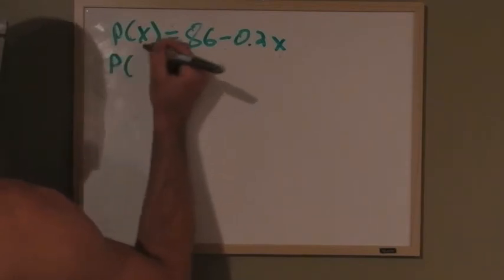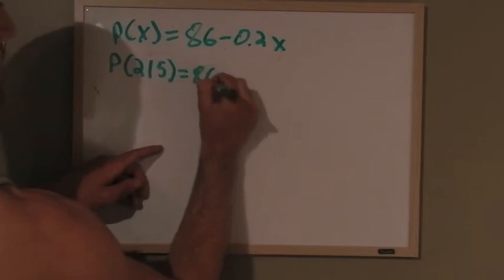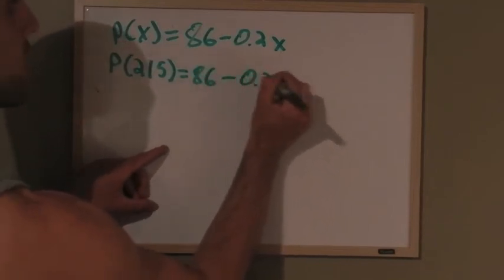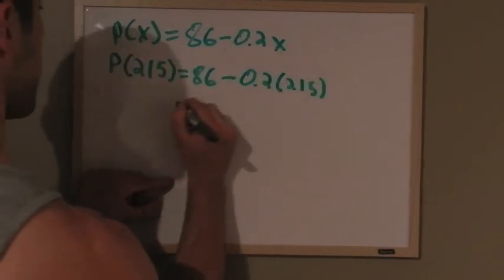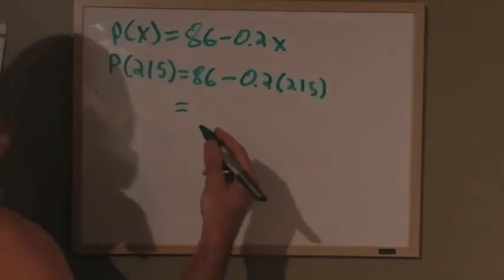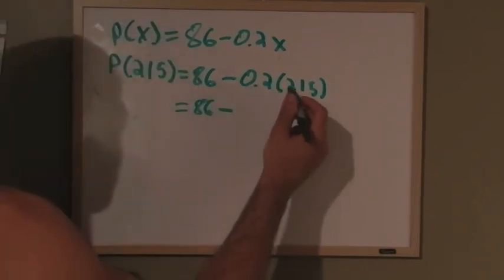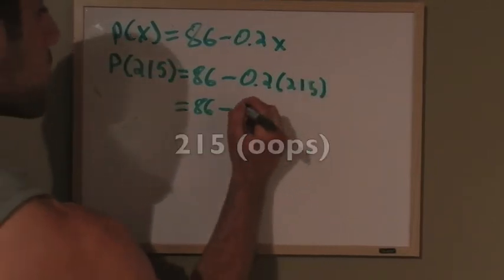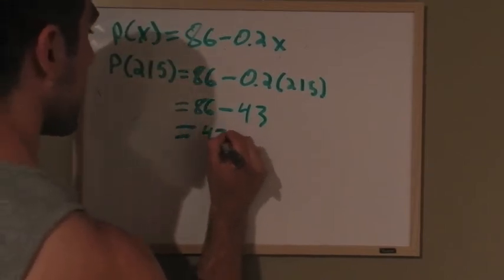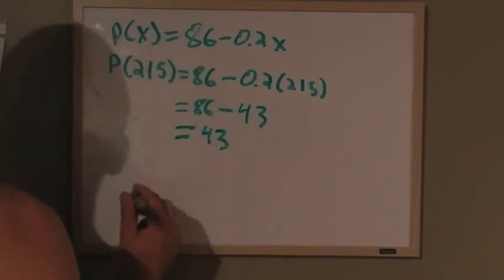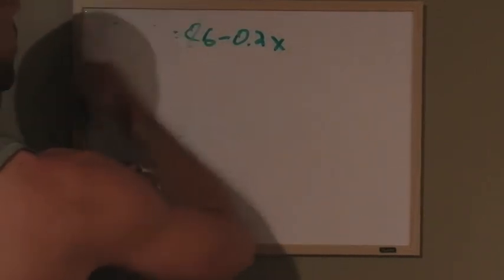So P equals 86 minus 0.2 times 215, which simplifies to 43. This means we want to sell each can for $43.